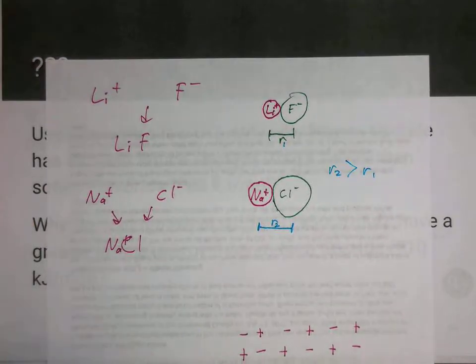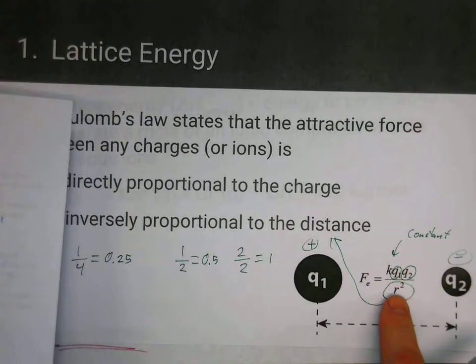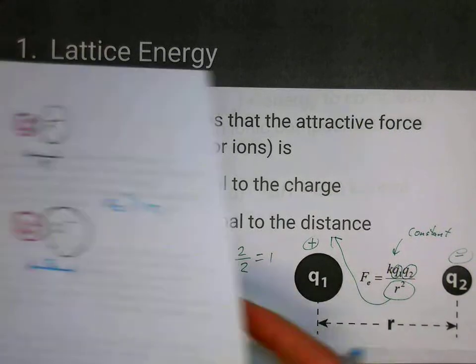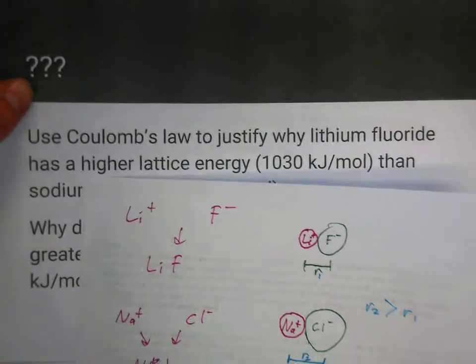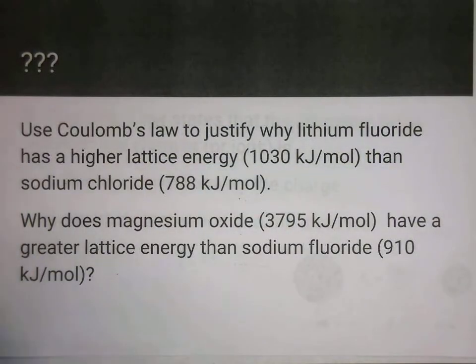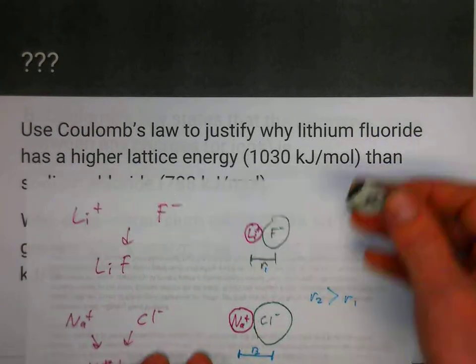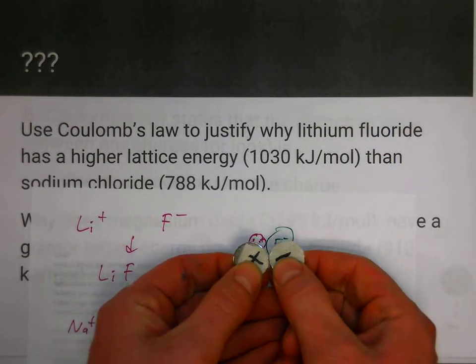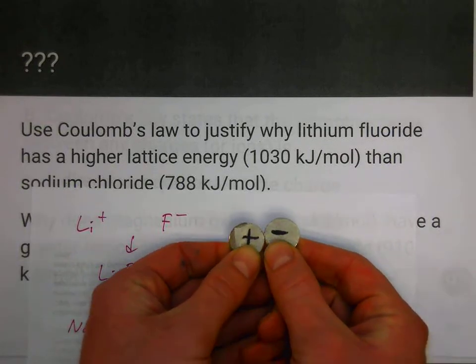So using Coulomb's law, the distance is greater, therefore the force is smaller. And so when these things are separated, the force involved in separating lithium and fluoride is greater. Now force translates into energy, right?